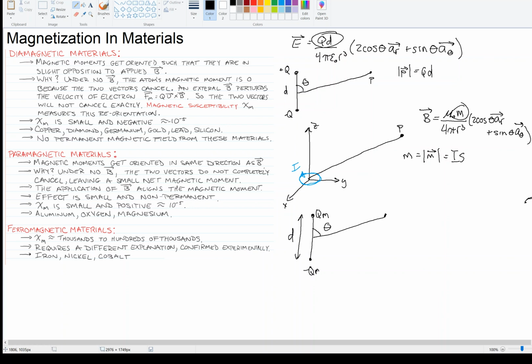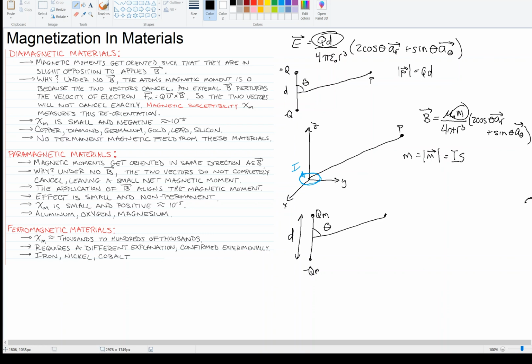Now, okay, so how is that useful? Are we going to just always look at current loops? No. In an atom, an electron orbits around a nucleus, which is essentially the same as electrons moving in a loop of wire, right? And so we can consider atoms to be magnetic dipoles, each with their own magnetic moments.